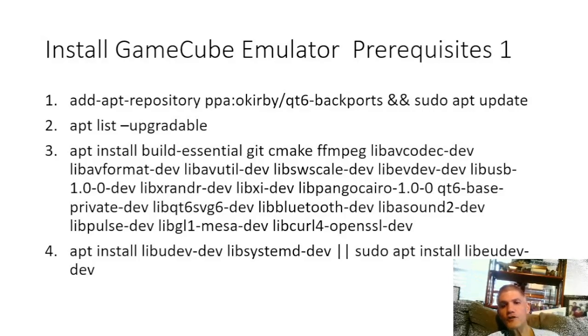Then we should run sudo apt install libudev-dev, libsystemd-dev, double pipe, sudo apt install libeudev-dev, I think. And you're going to see all the commands on the following screen recordings in case my giant face is blocking part of that command for you. Sorry about that.